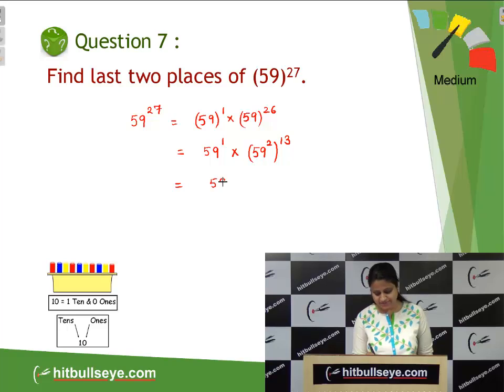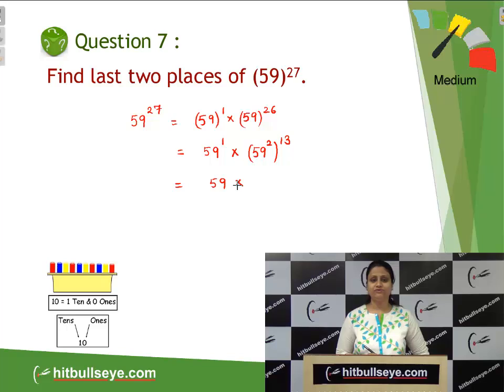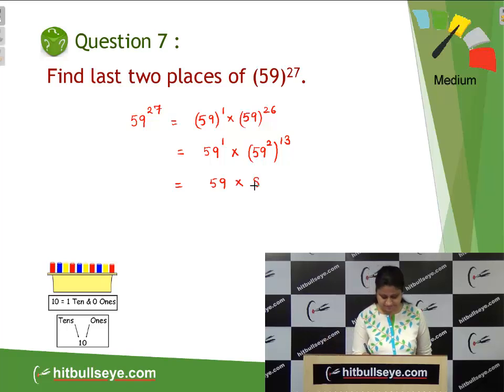Now once again you can apply Vedic maths. 59, its square will end in 81, if you know how to calculate squares by considering base 50. Since the surplus here is 9, at the last two places the number will be 9 square, which is 81. So it becomes 81 raised to power 13, into 59.